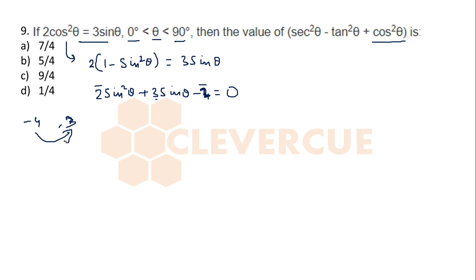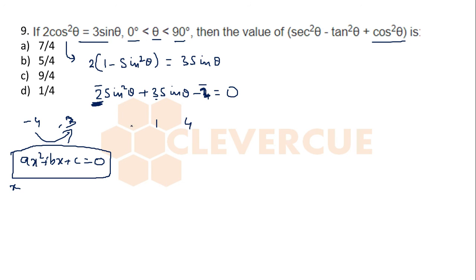Now I have discussed in the algebra chapter that if ax square plus bx plus c is equal to 0, then I have told you how to find the value of x. See, here AC is minus 4 and B is 3. Then the roots will be 1 and 4, and you have to divide this with the coefficient of x square, that is 2. So 1/2 and 4/2.